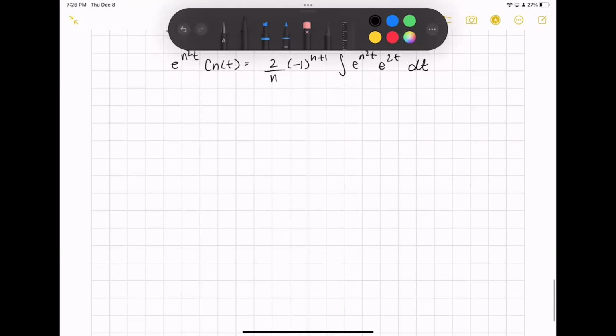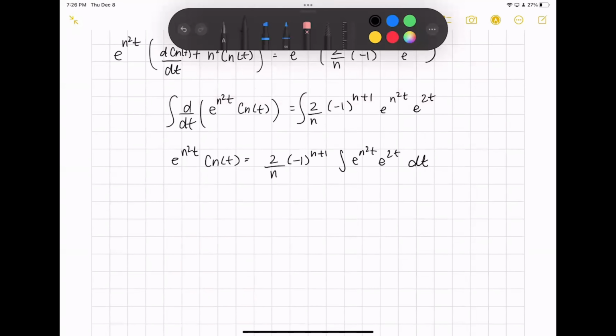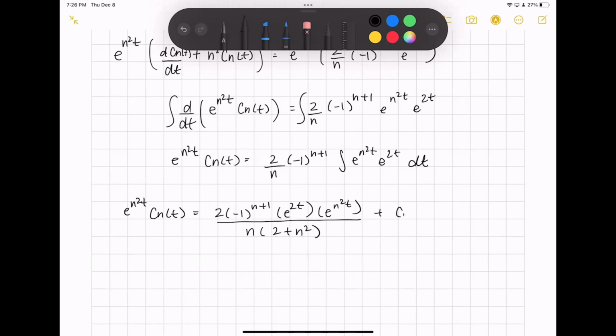So now we'll have this, if we carry out the integration in the denominator. And then we'll have an integration constant, and we're going to call that Cn of 0.